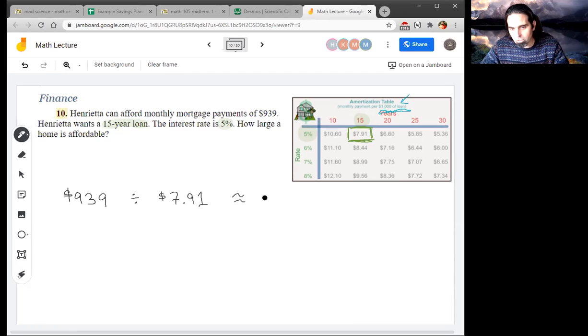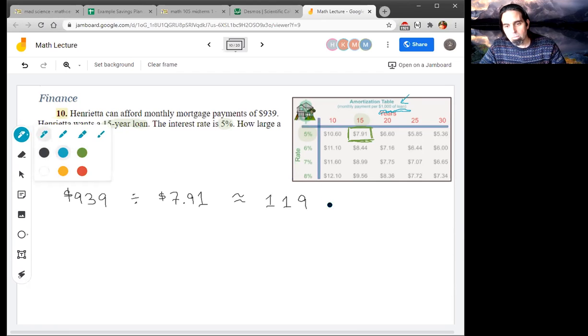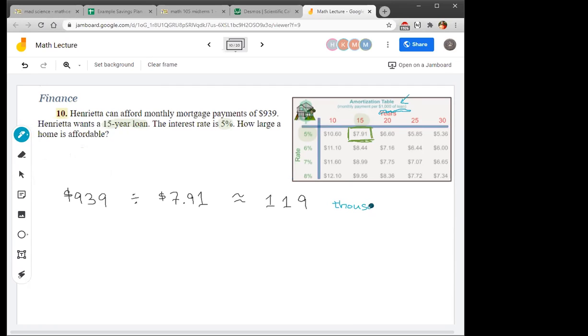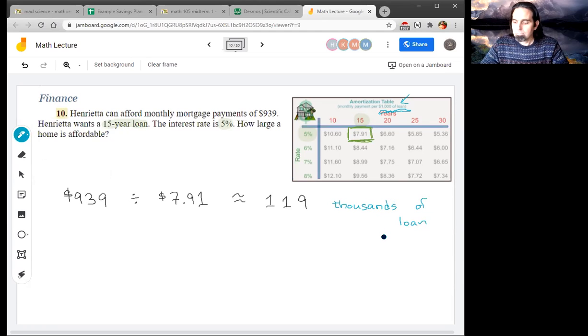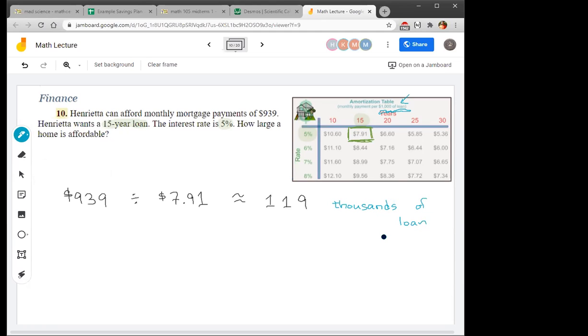But I'm going to round it the way rounding normally tells us to, with 0.7 means go up to 119. And again, this is how many thousands of loan she has. I got 118,710.49. So I'm rounding up to 119 from 118, because we're just at thousands.